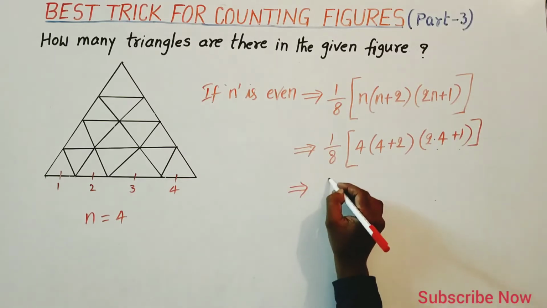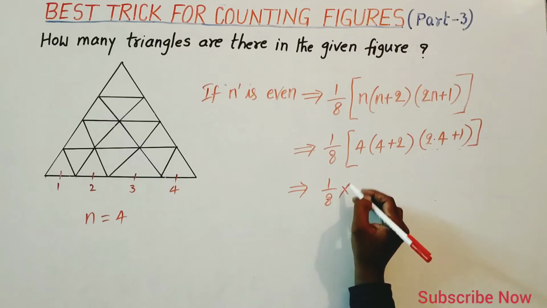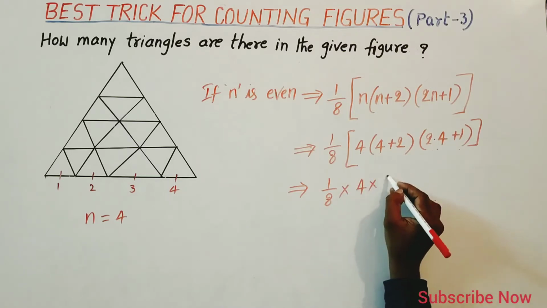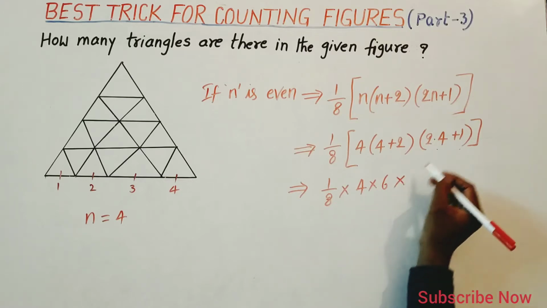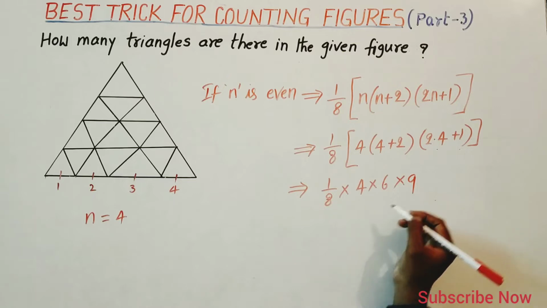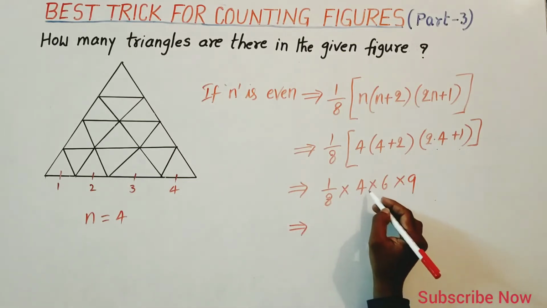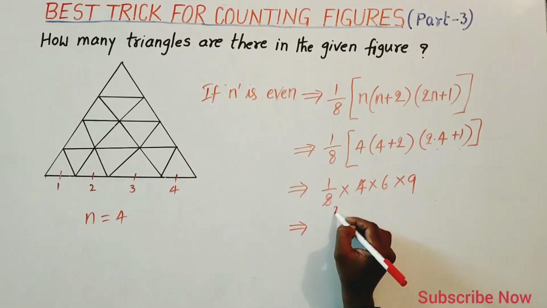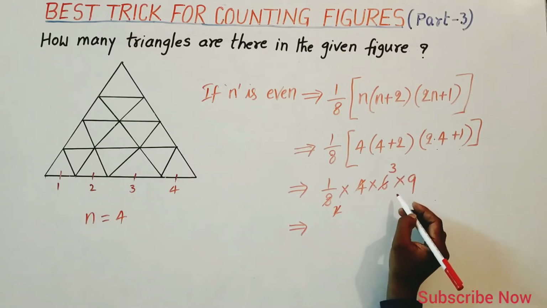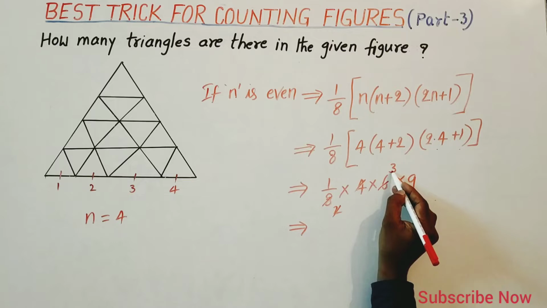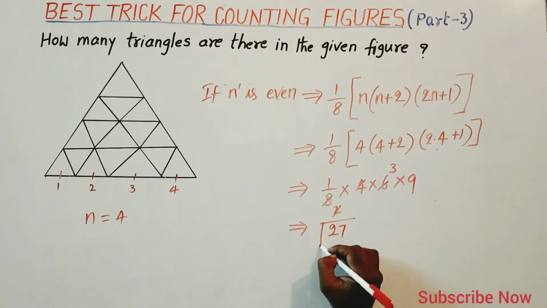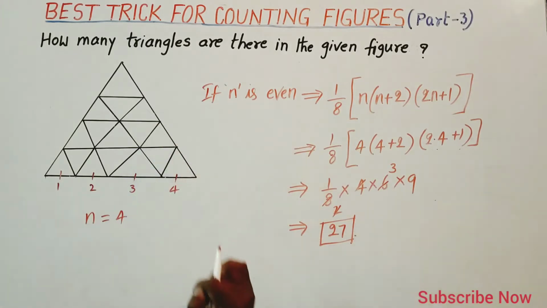Then 1 by 8 into 4 into 4 plus 2 is 6, into 2 4s are 8, 8 plus 1 is 9. So if you simplify this, 4 takes 8 2 times and 2 takes 6 3 times. So finally we have 1 into 3 into 9, 27. So totally 27 triangles are there in this diagram.